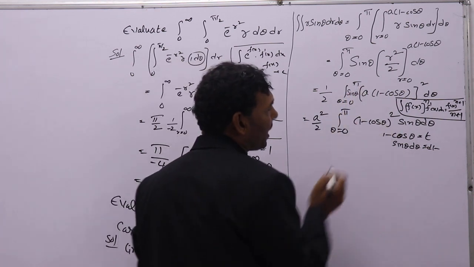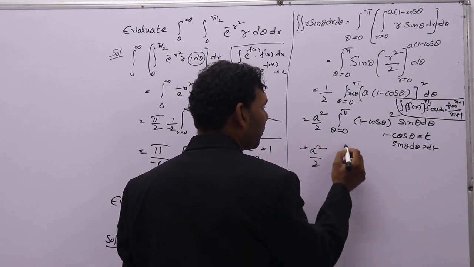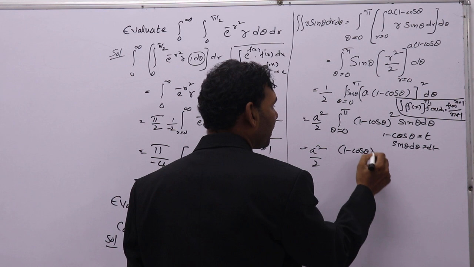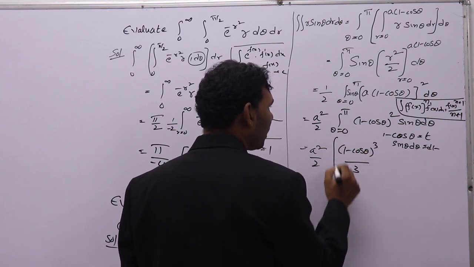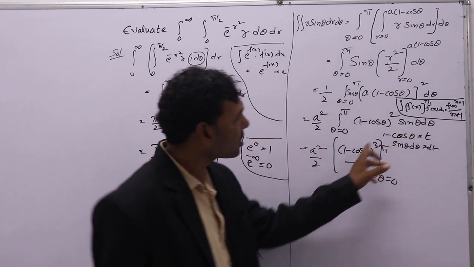Like that, here f of x is this one, and this will be n. Using this, what you will get is a square by 2, 1 minus cos theta whole cube by 3, with limits from theta equal to 0 to pi. If you assume like this also you will get the same.